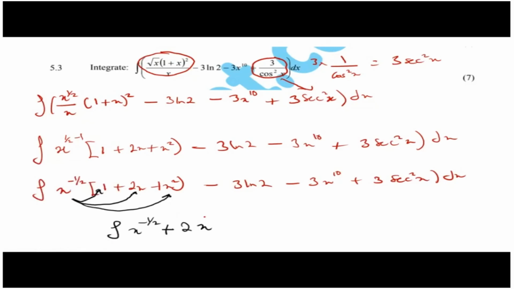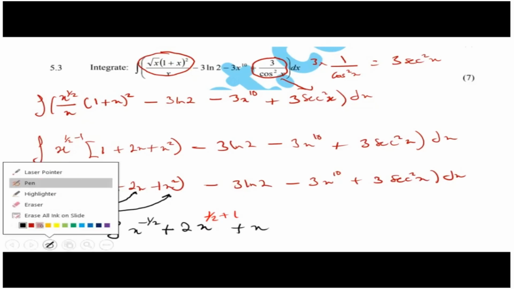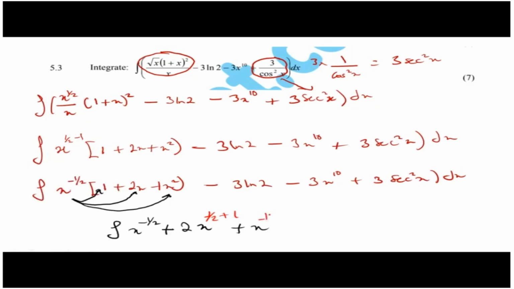Remember, they're multiplying, so you are adding the exponent. Plus x raised to power negative half plus 2.